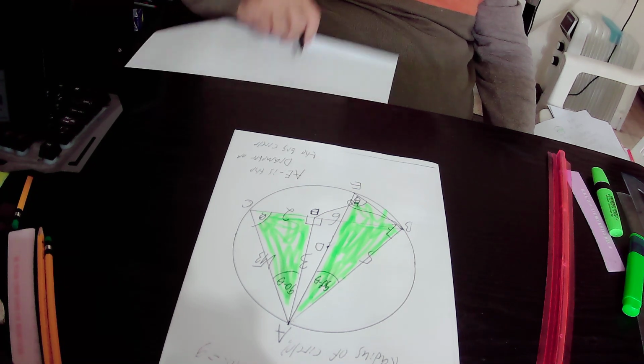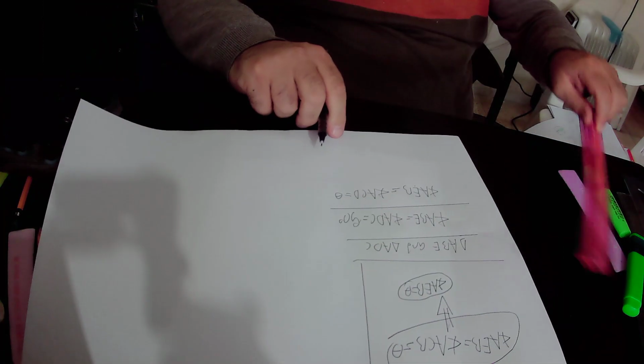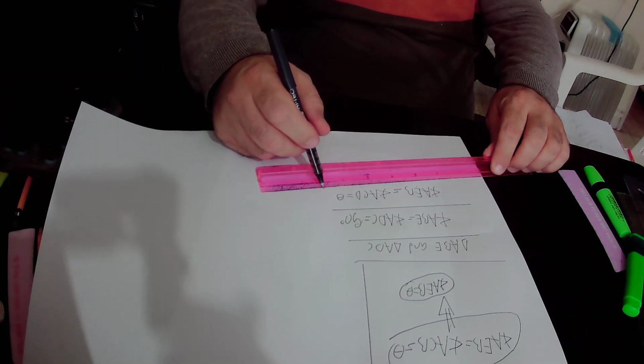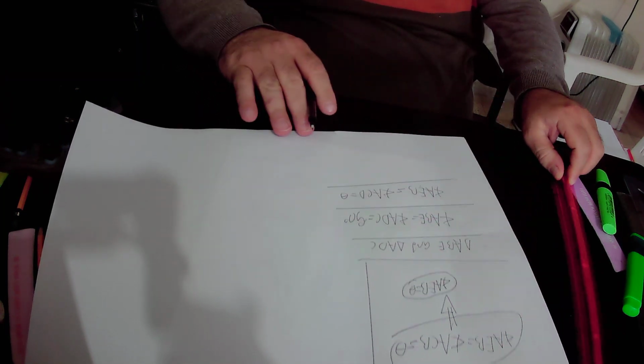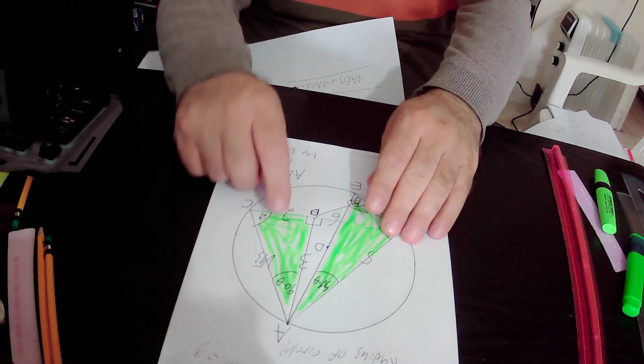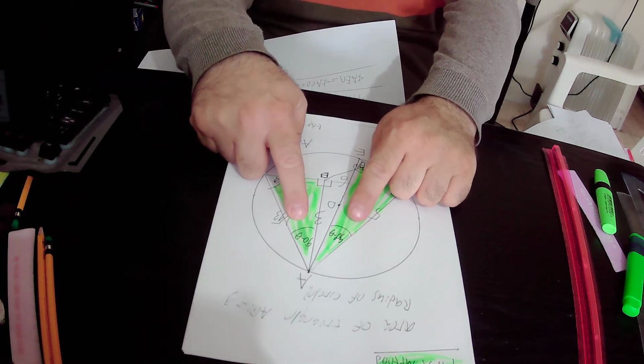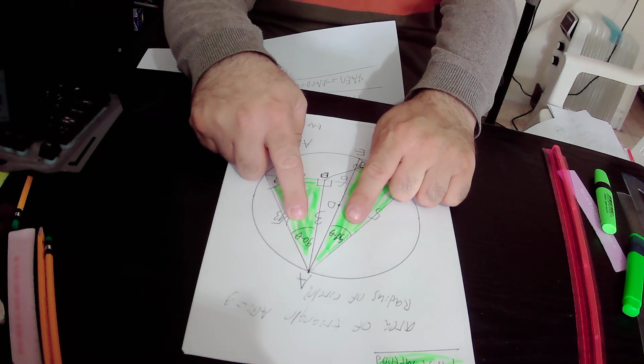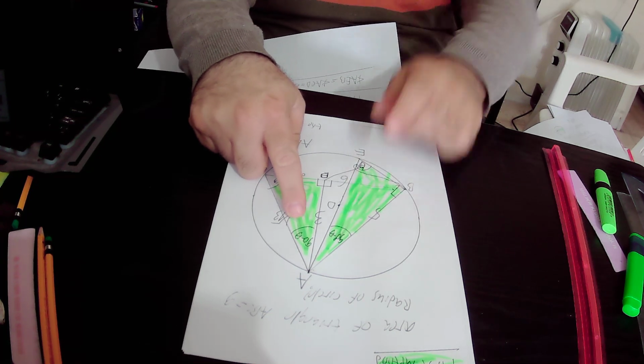I'll repeat again: angle AEB equals angle ACD equals theta. And finally, those two angles are both equal to 90 degrees minus theta, therefore they are equal to each other.